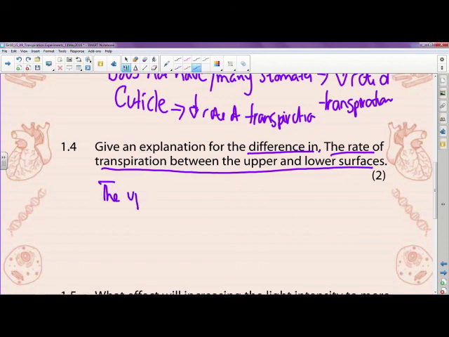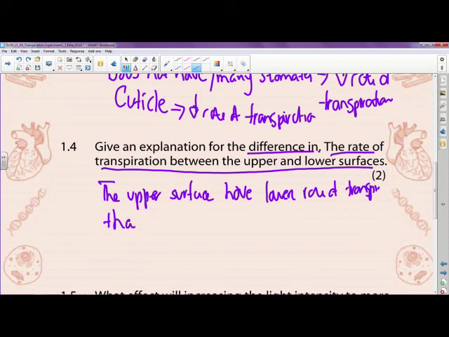The upper surfaces have lower rates of transpiration than the lower surfaces. First of all, give the relationship.